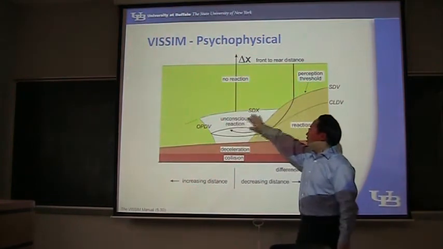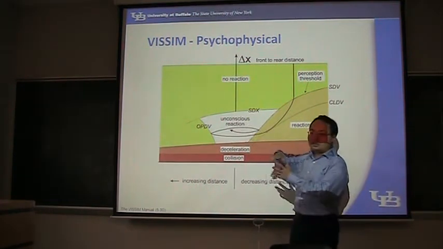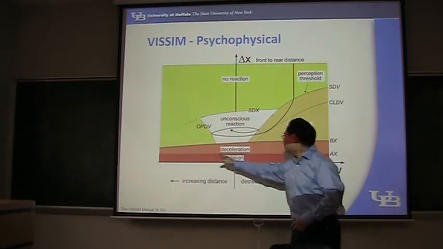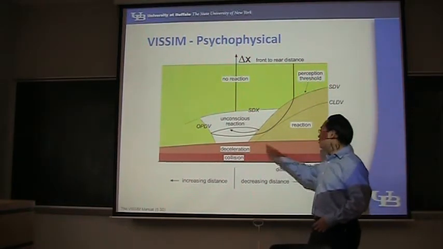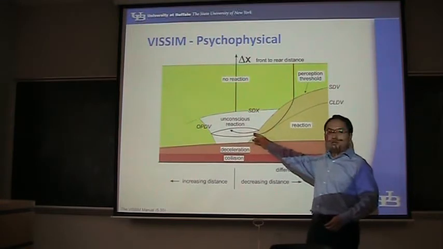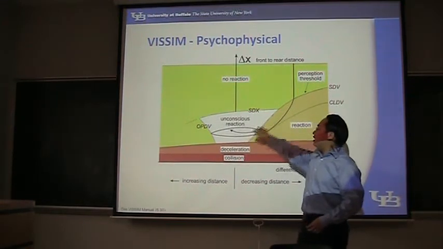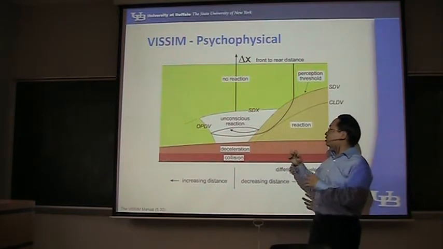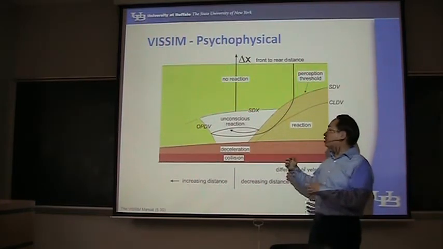If the delta x, the distance, is within this area, and the difference of velocity is within this area, this white area represents an area where the driver is having an unconscious reaction.